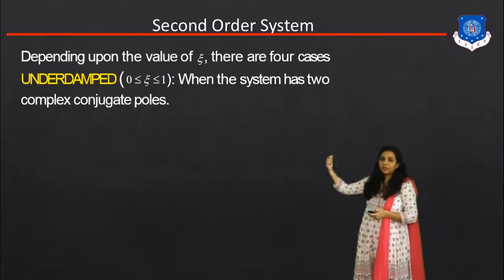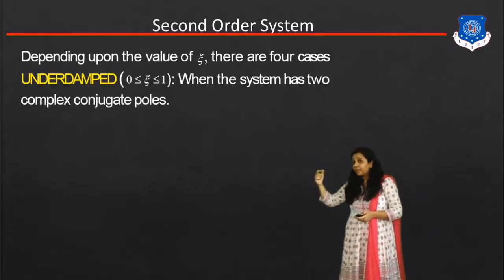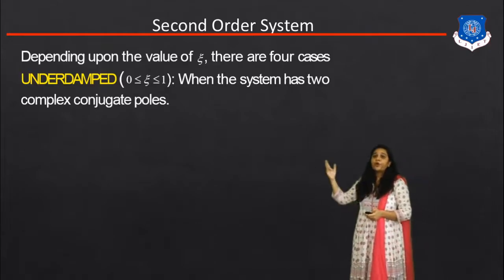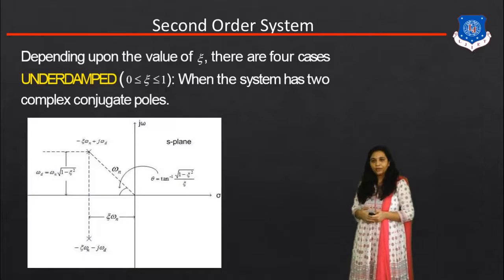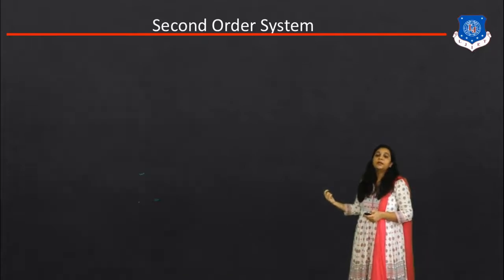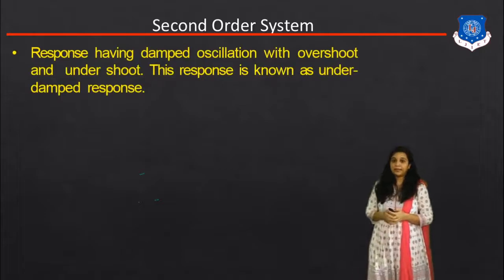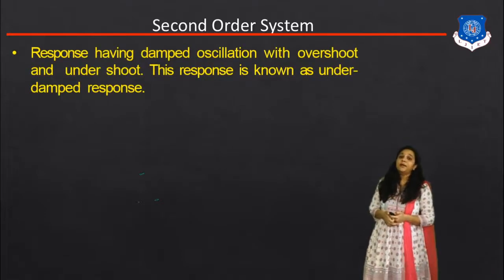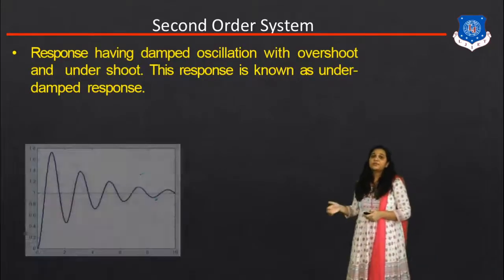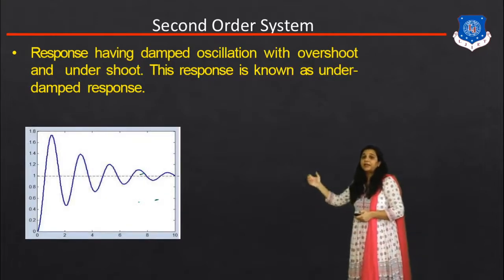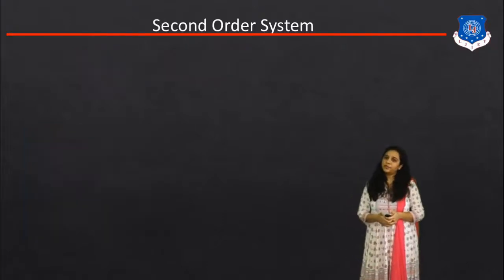The first one is underdamped, where zeta is between 0 and 1, and we get two complex conjugate poles. Here you can see that the response has damped oscillation with overshoot and undershoot. So this type of response is known as the underdamped response.